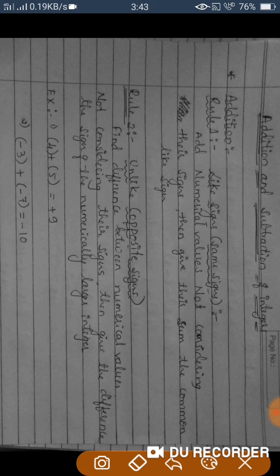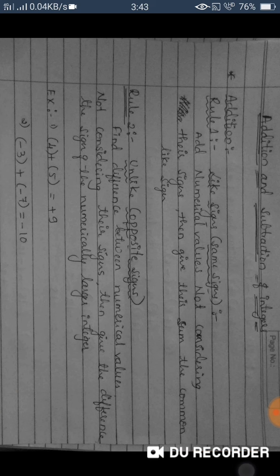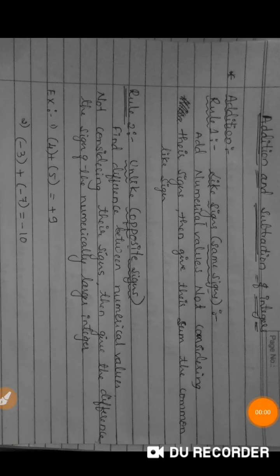So learn the addition rule when the signs are alike. That means if we are adding two integers which are alike, meaning the same sign, see the rule of addition.